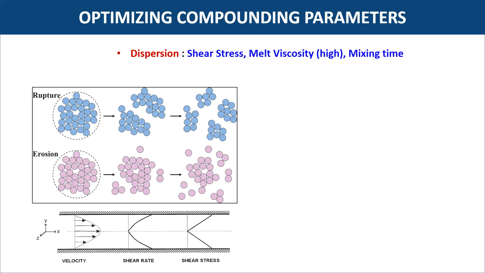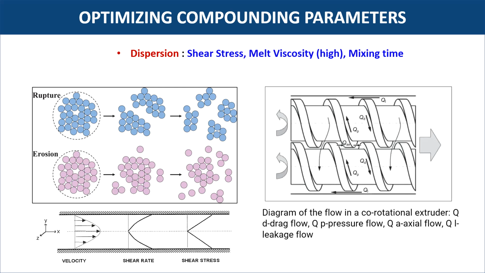Similarly, distribution of additive will depend on flow pattern, melt viscosity and mixing time. For distributive mixing, lower melt viscosity is better. So, for distributive mixing, we have to select screw design to provide turbulent flow and compounding parameter which will allow lower melt viscosity and longer mixing time.